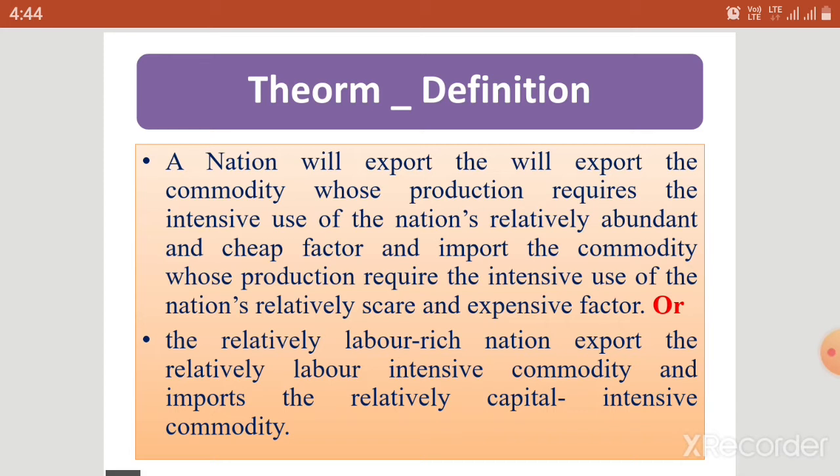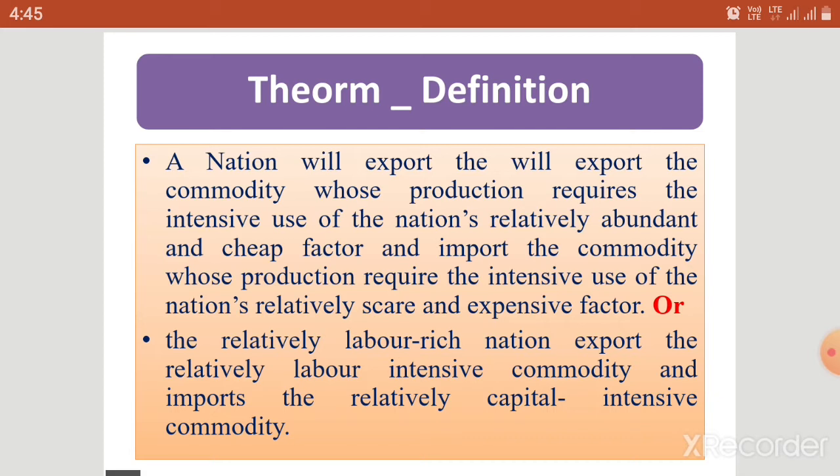Both may not be available in plenty, but one factor may be available very much. With the help of that factor, that resource, that input, that country should use it in the process of production.